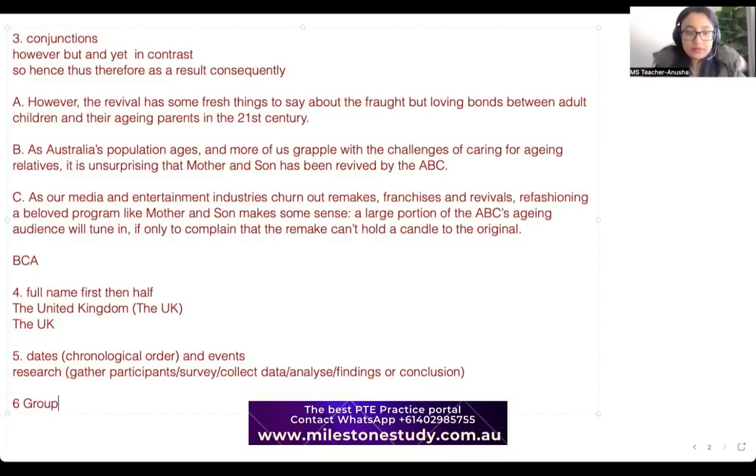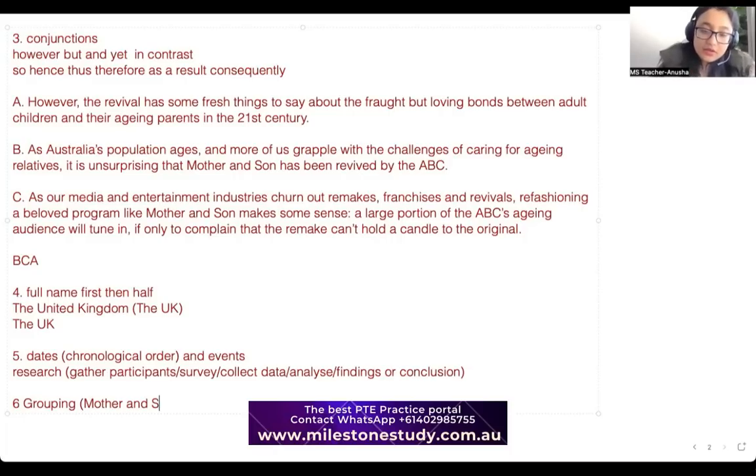Sixth rule is grouping. Now, grouping is again quite common, like we've already done in one. Here in this one, A, B, and C, first they talk about mother and son.